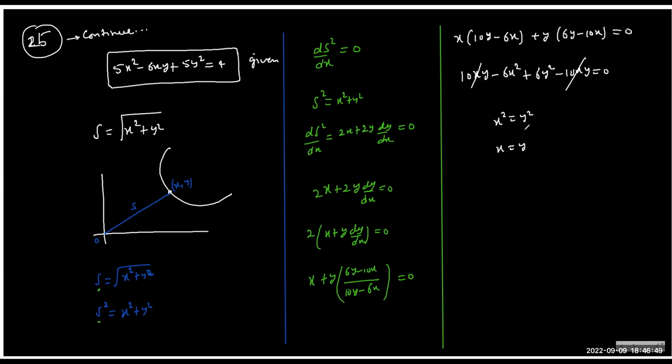So x square equals y square, so we can say x equals plus minus y. These are two possibilities, either x equals y or x equals minus y.